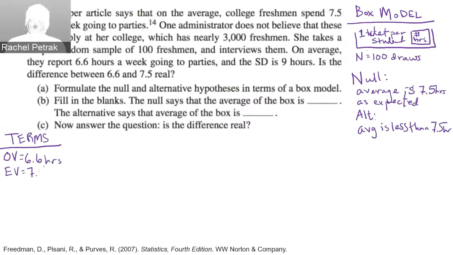The expected value is what was established in our background information. And we're given the standard deviation, 9 hours. So lots of useful information is given to us. Can you think of other information we're going to need to find in order to do our analysis?